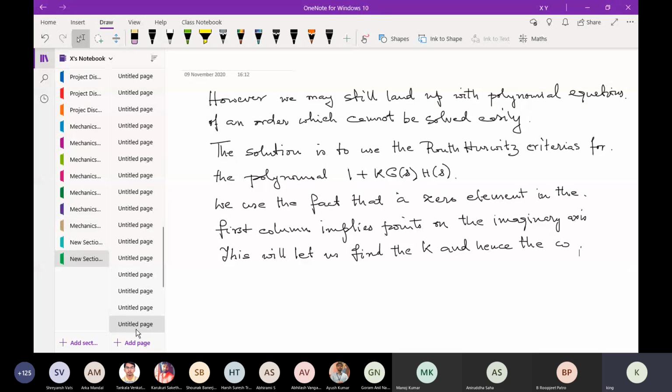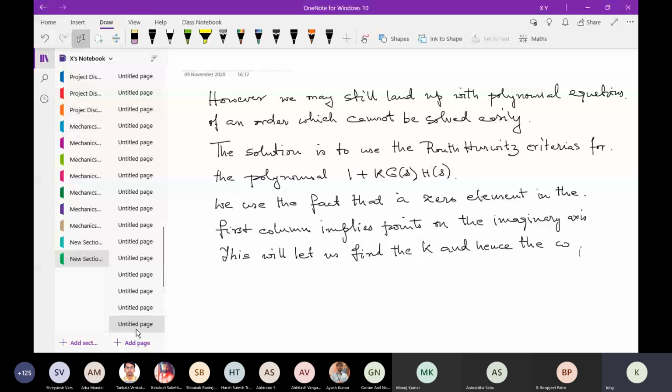So there is no easy solution, and in that case what we do is we go back to the Routh-Hurwitz criteria, and we use the fact that imaginary axis crossings, or roots on the imaginary axis, can be found out using the Routh-Hurwitz criteria.